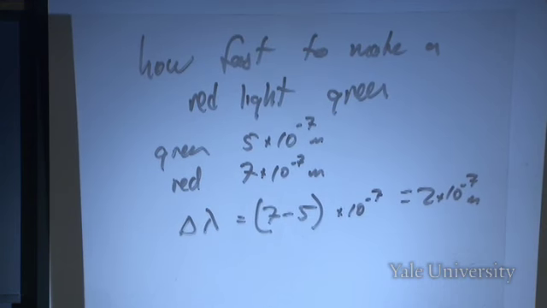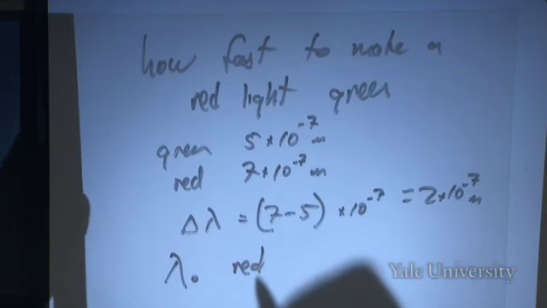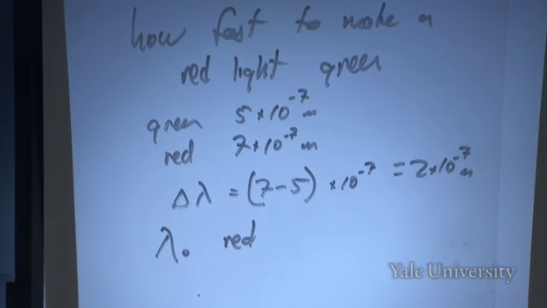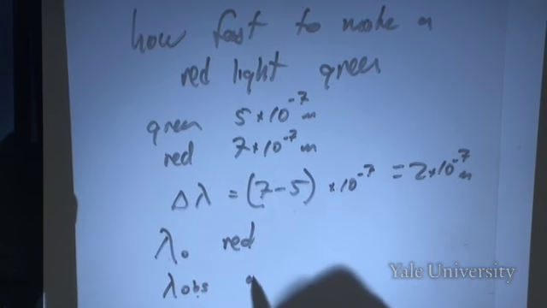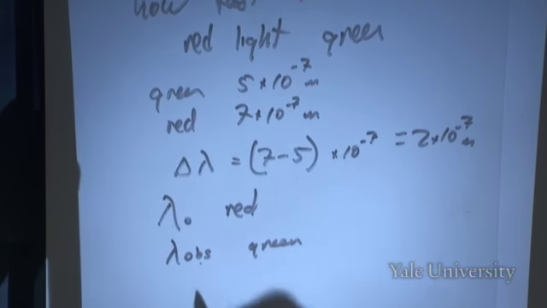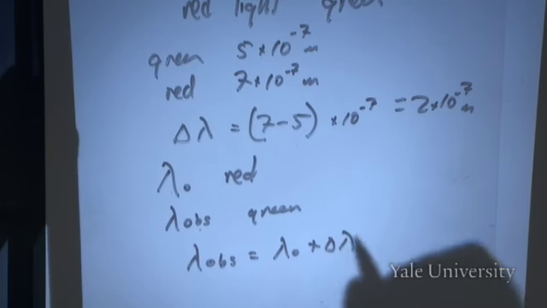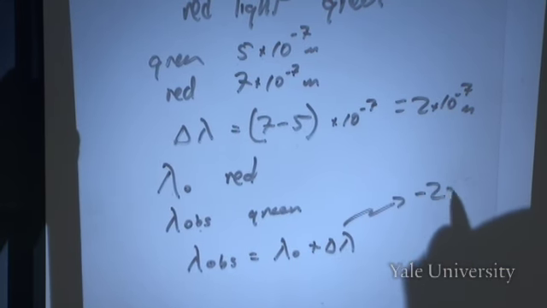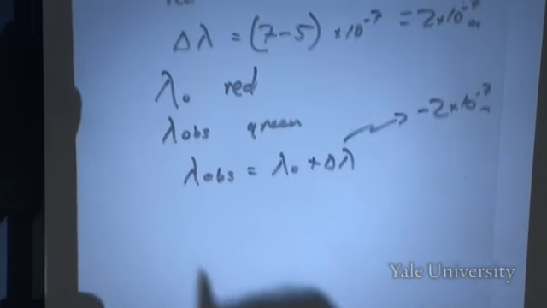And we want this to be negative because we want lambda 0 to be the red. That's what it would be like if nothing was moving. And we want lambda observed to be green. And lambda observed equals lambda 0 plus delta lambda. So this had better be minus 2 times 10 to the minus 7 meters.